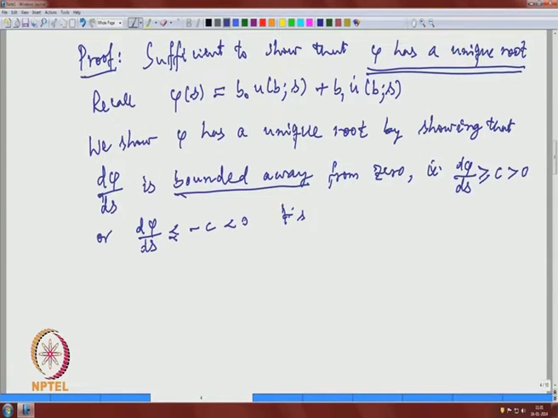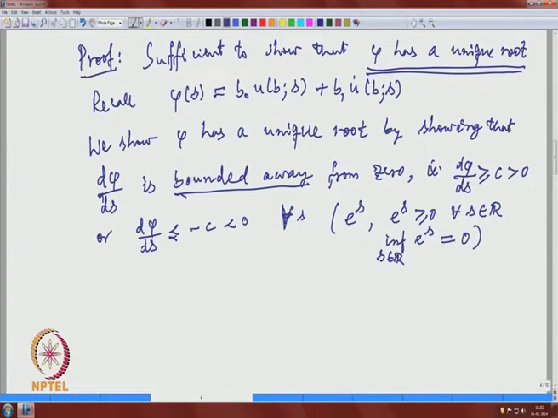Okay. So, just as an example, if you take e to the s, its derivative is e to the s, which is bigger than or equal to 0 for all s in R, but it is not bounded away from 0. Okay. So, the infimum of e to the s over s in R is 0. So, e to the s is not an example.